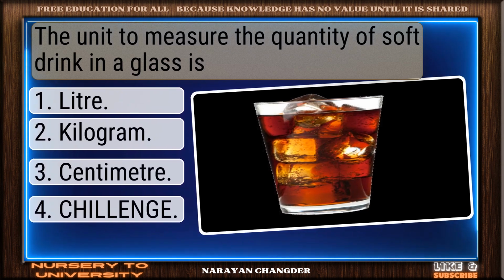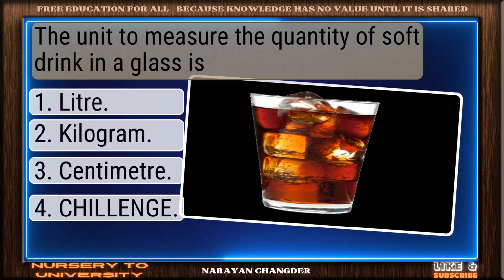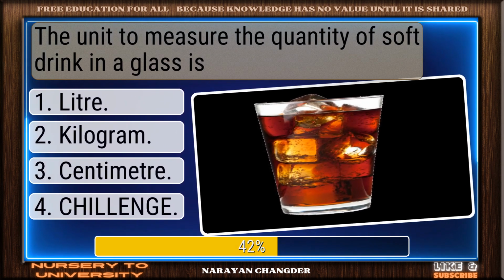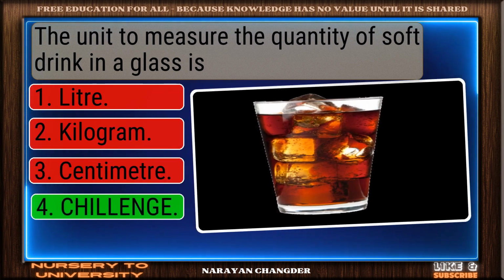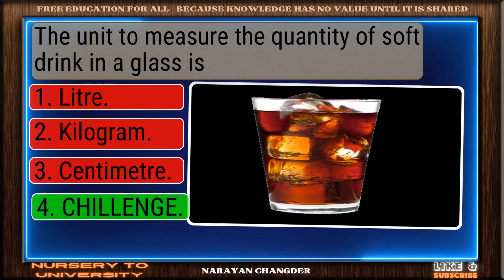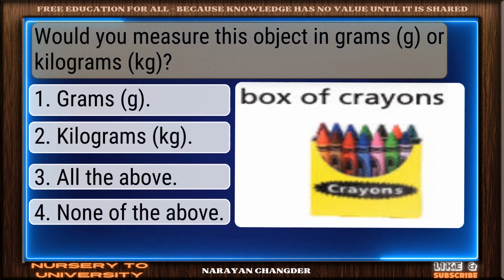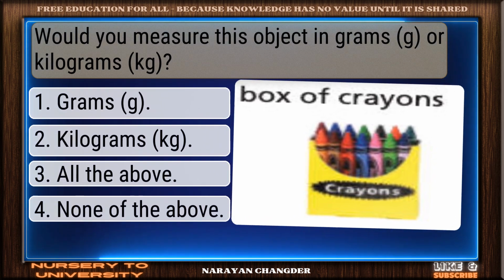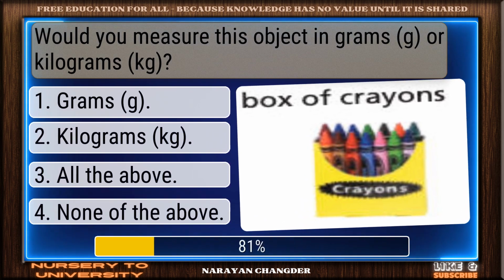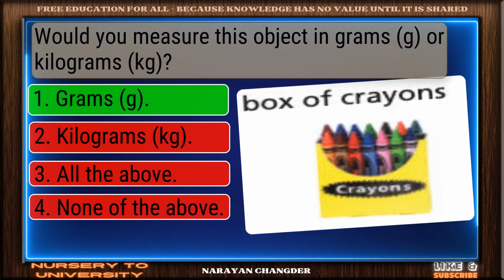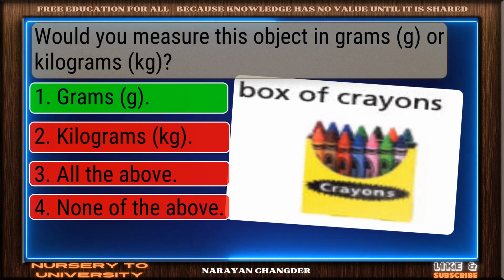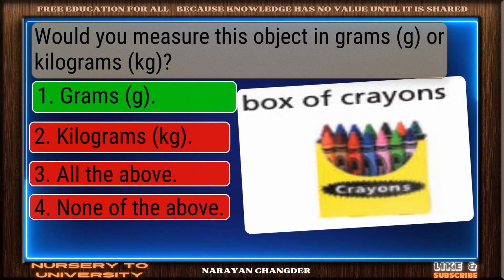The unit to measure the quantity of soft drink in a glass is... Perfect. Challenge is the correct choice. Would you measure this object in grams or kilograms? Clear logic. Your choice grams is sound and 100% true.